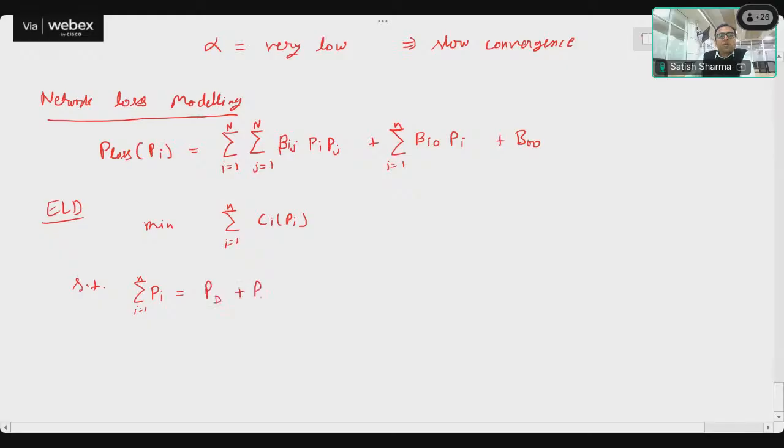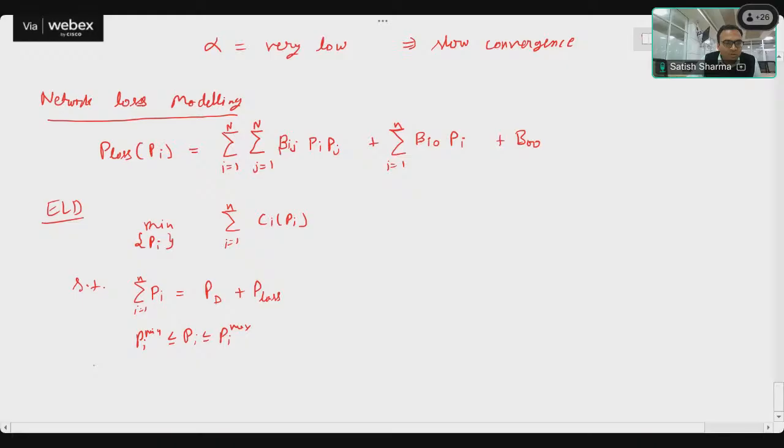Now losses are also happening, so I would put losses here, and then Pi should lie between Pi maximum and Pi minimum. And generally I put a variable here, so all the Pi's are my variables. This is how the formulation will look.